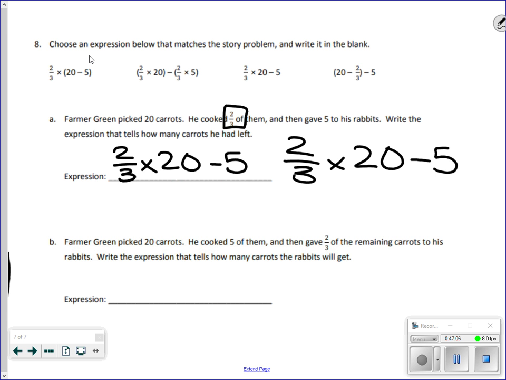A. It's A. Definitely A. So we think it's this one? Yeah, I think it is. Because it has parentheses, you're doing minus 5 first, and then you're doing the 2/3 times.